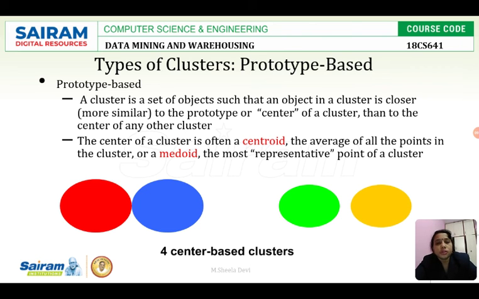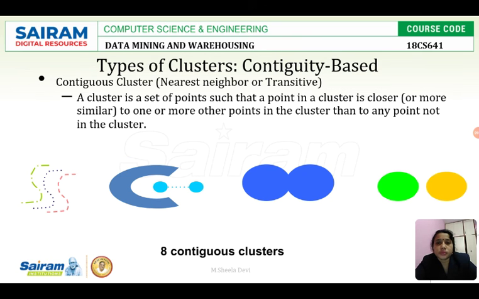If we want to divide the objects into different clusters or groups, we do it based on the similarity or dissimilarity measure. So the objects which are more similar will be closer to the center. This sort of clustering is called prototype based clustering.